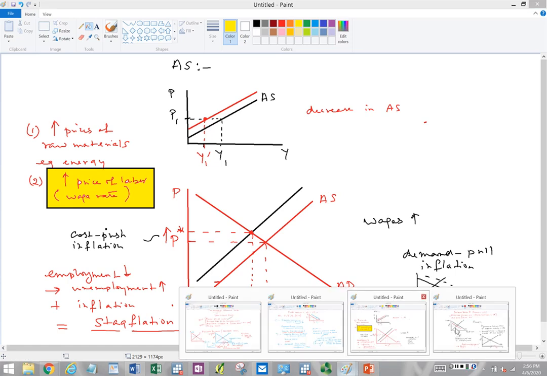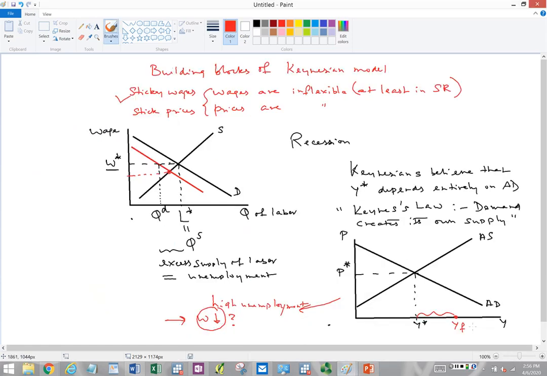So coming back here, if this were to happen, we would expect the aggregate supply curve to start shifting to the right as the wage began to fall. And as this happens, guess what happens to equilibrium GDP? You can see that equilibrium GDP starts to increase.